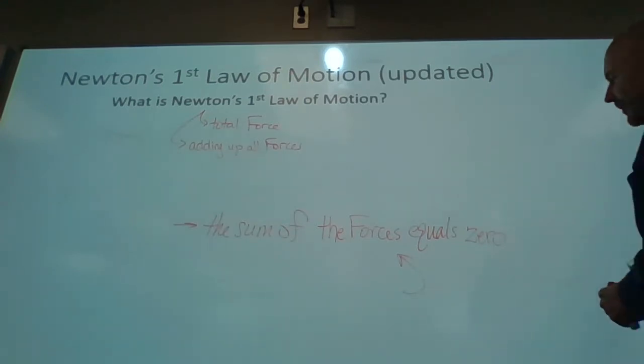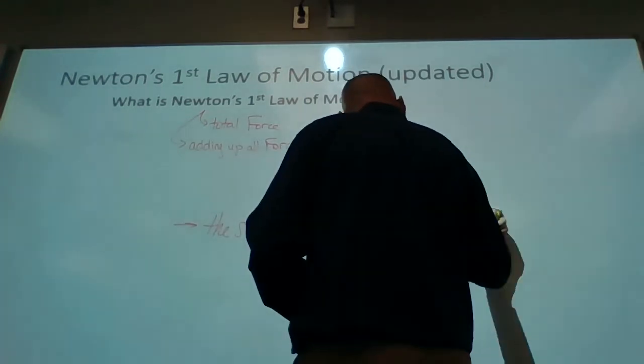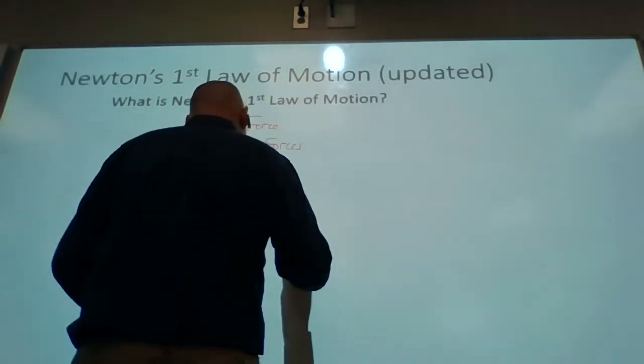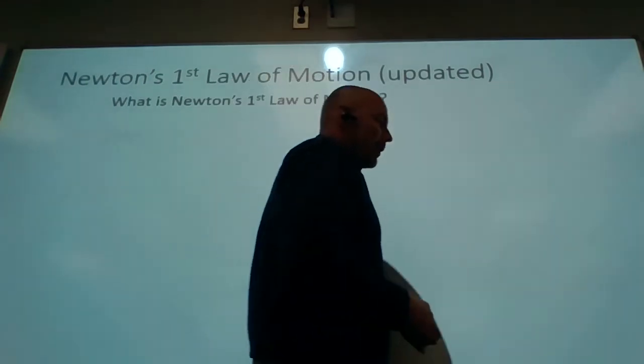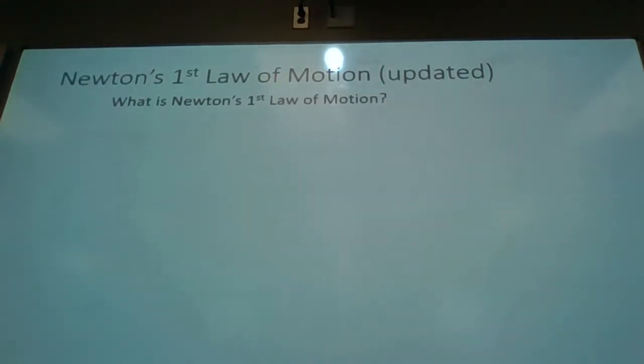So, up until this point, I have only considered scenarios where there's only been one force or no forces acting on an object. Okay? And so we've said Newton's first law says an object at rest will stay at rest if there's no forces acting on the object.